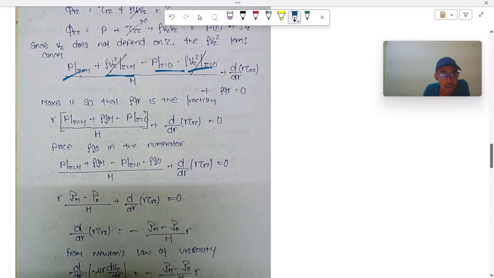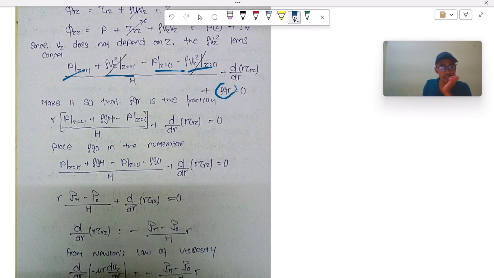Now taking the common terms, P at z is equal to h plus rho g h, minus P at z is equal to 0, upon h, plus this is equal to 0. What we have done is introduce this into this. We have taken r common and the LCM h, so that the whole term comes under this.